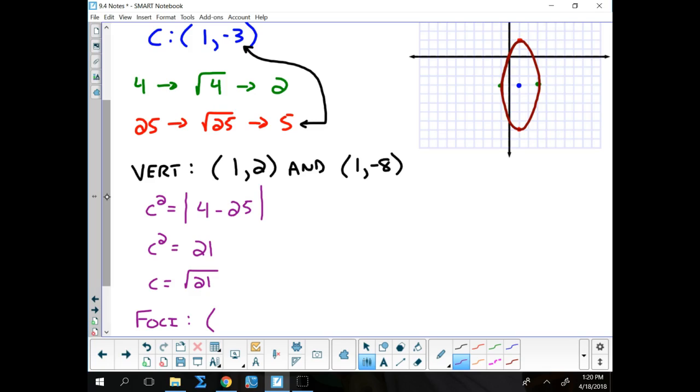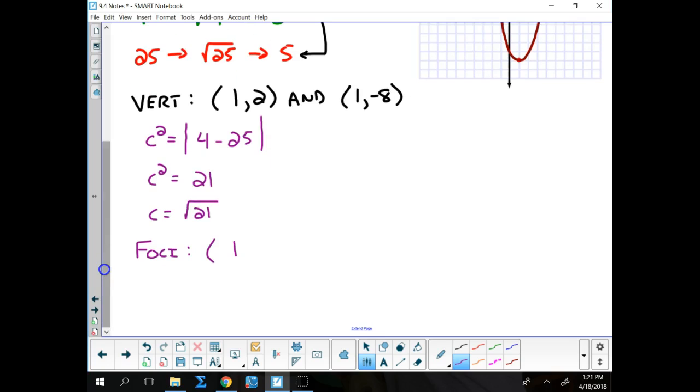I like 1, comma negative 3 plus or minus the square root of 21. Negative 3. I like that one better, Matt, just so you know. Okay, because Sam told us that the major axis was vertical, right? So that means we add and subtract to the y. So our foci then is going to be at 1, comma, negative 3 plus or minus the square root of 21.